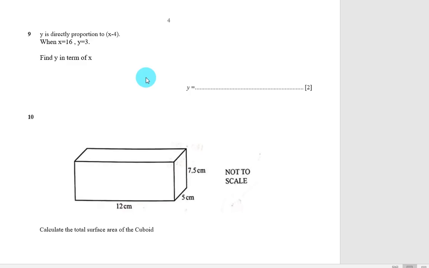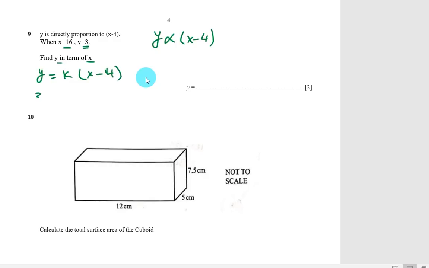Y is directly proportional to x minus 4. When x equals 16, y equals 3, find y in terms of x. So we can write the equation this way: y is equal to k(x minus 4).